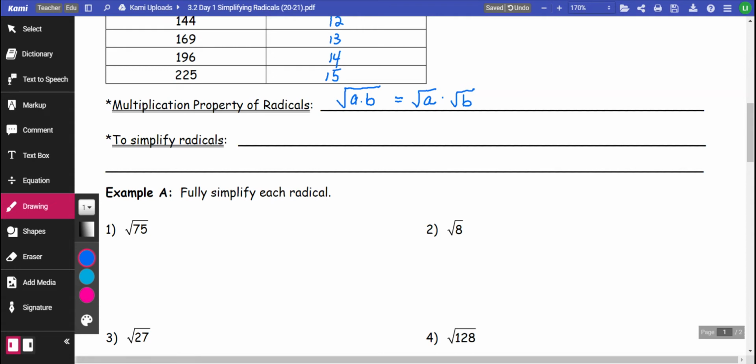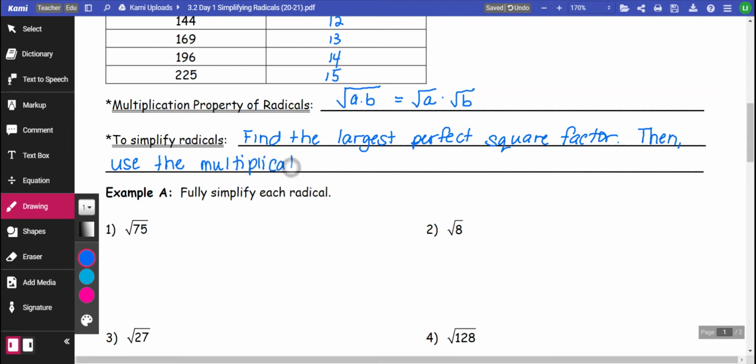So to simplify a radical, we want to find the largest perfect square factor, then use the multiplication property to simplify.